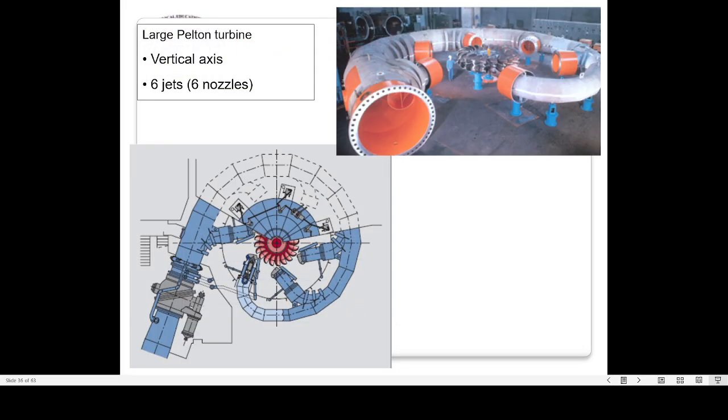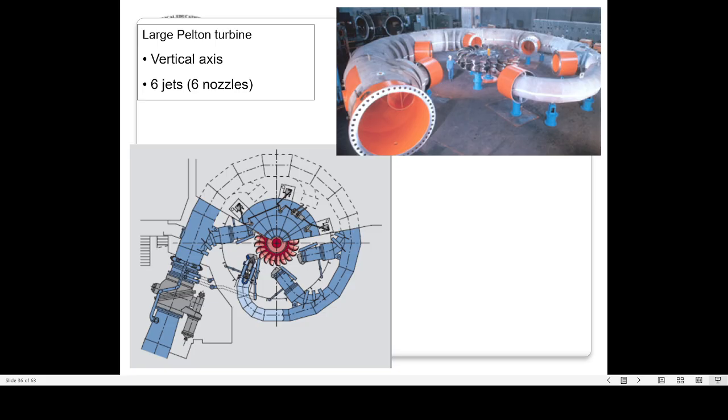As far as this particular session is concerned, we'll stop our discussion. In today's session, we have seen the classification of hydraulic turbines. We started with the discussion on what we mean by hydraulic machines. Okay, so we identified them as hydraulic turbines and pumps.